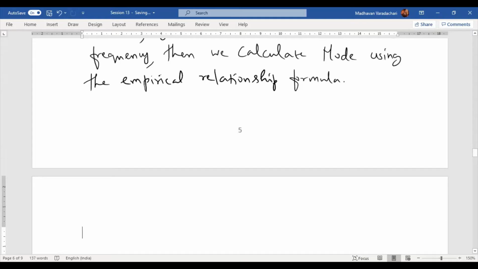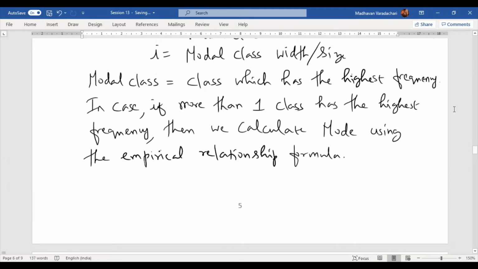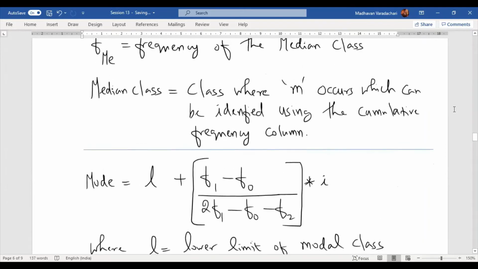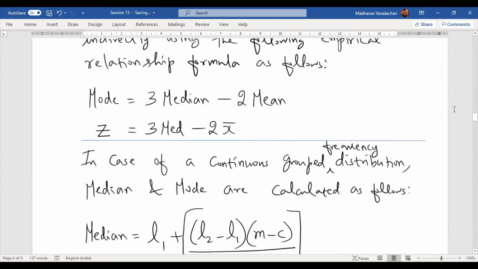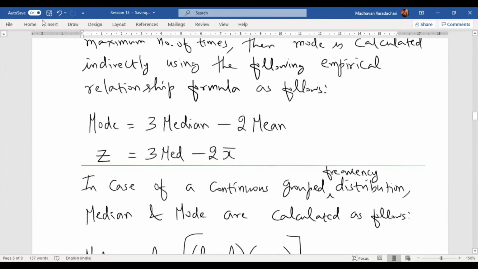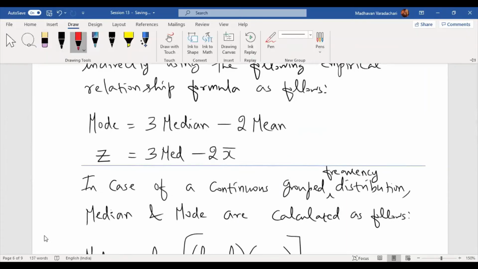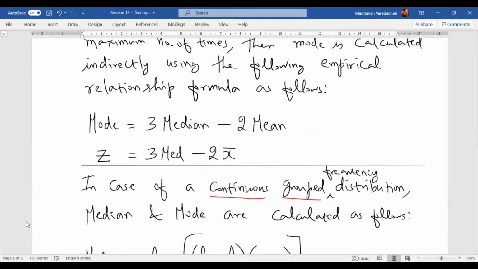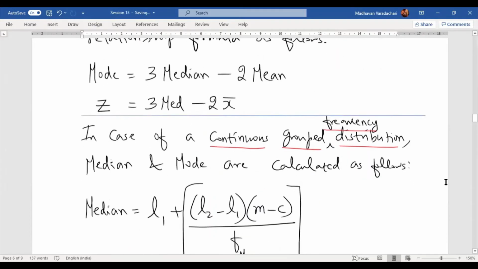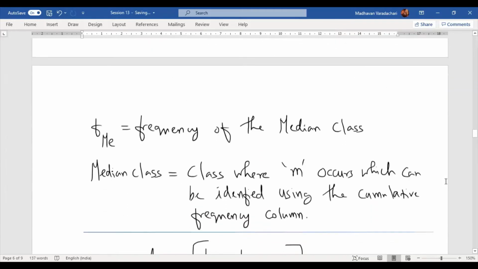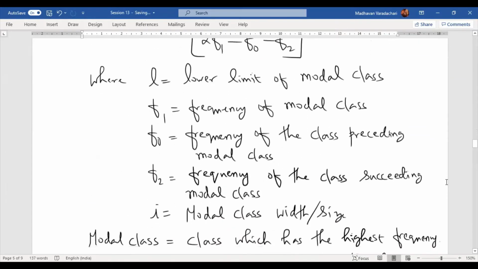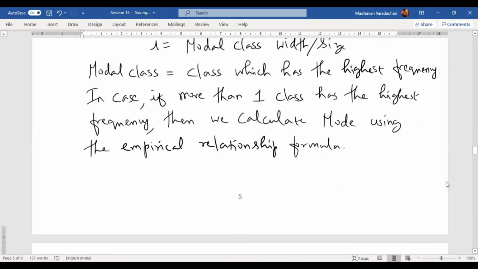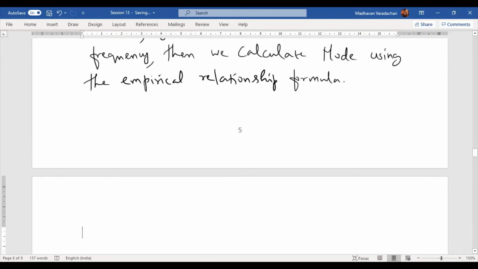Now let us understand. I said I will also brief you about this one. Continuous grouped frequency distribution means what? Before we go to that, one by one we will go.